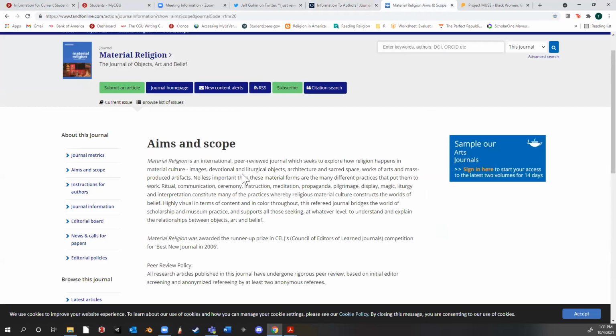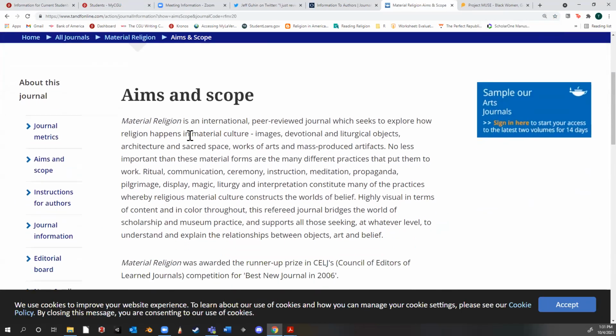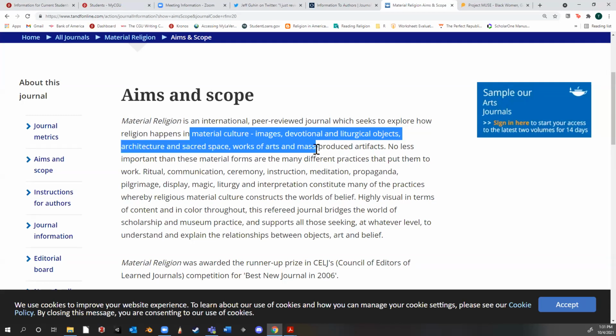In Material Religion, you see that they're a topically focused journal. They're really interested in material culture, things like images, devotional, liturgical objects, rather than broad treatises on theology or something, right?